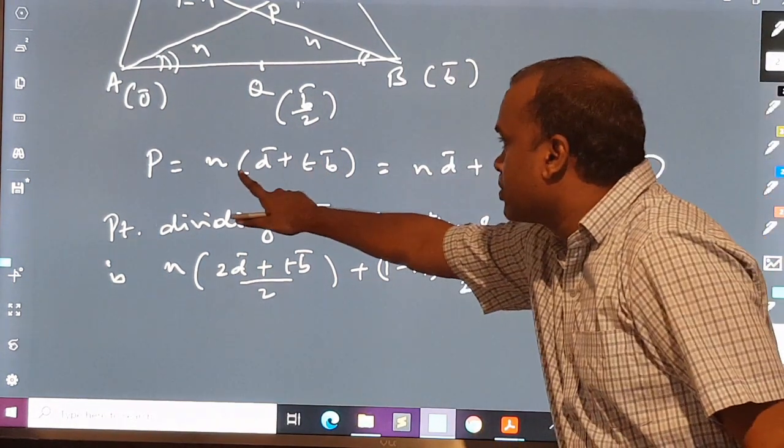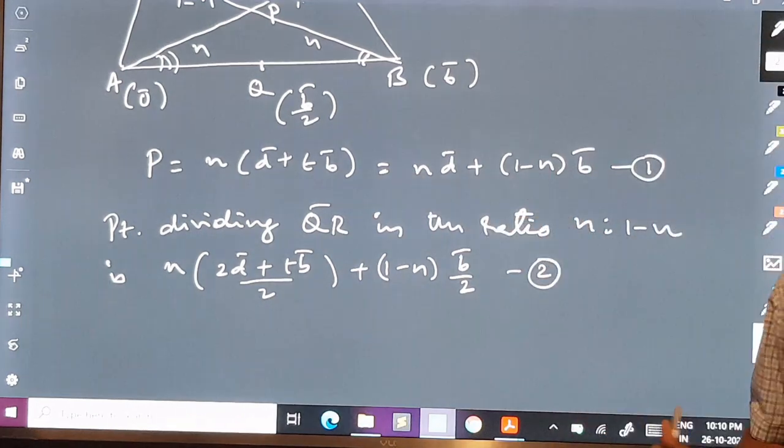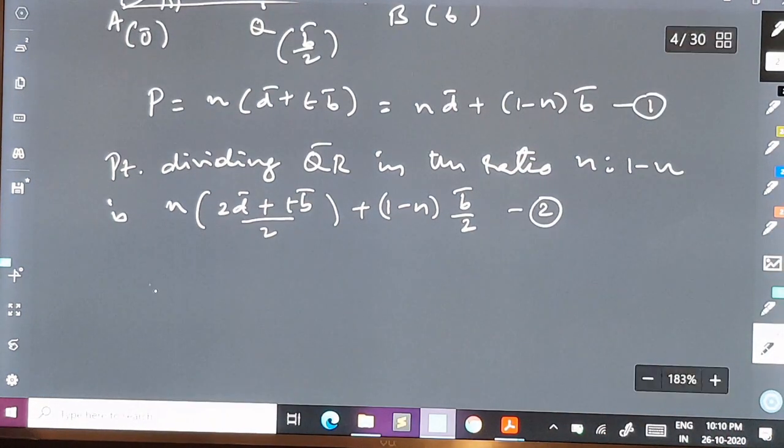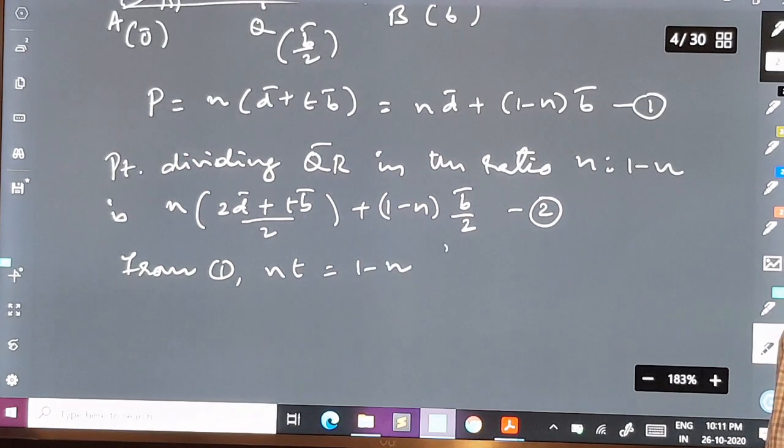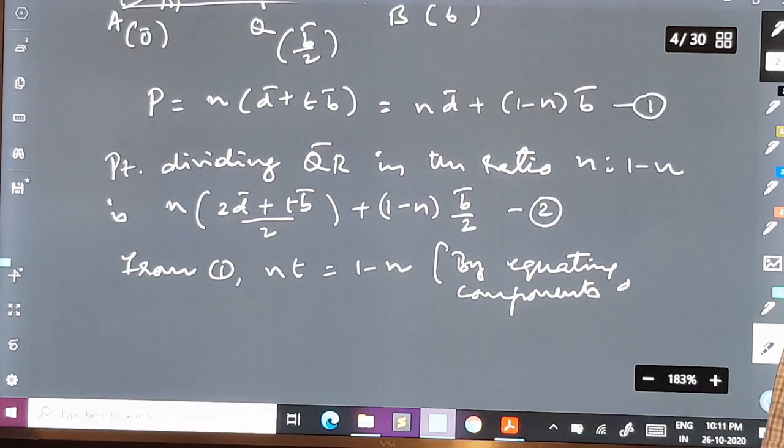So from this I observe that nt is equal to 1 minus n. So that I'll write here. From 1 we have nt is equal to 1 minus n. How did I get this? By equating components of B bar on both sides.